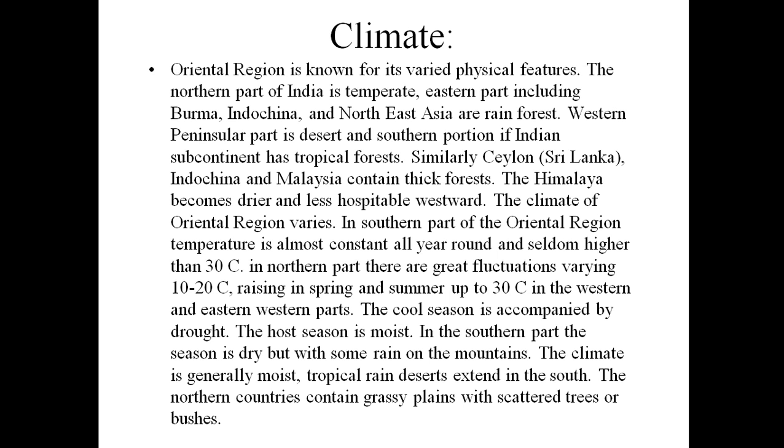In the southern part of the Oriental region, temperature is almost constant all year round. In the northern part there is a great fluctuation, which may be 10 to 20 degrees Celsius, especially rising in the spring and summer up to 30 in the western and eastern parts.